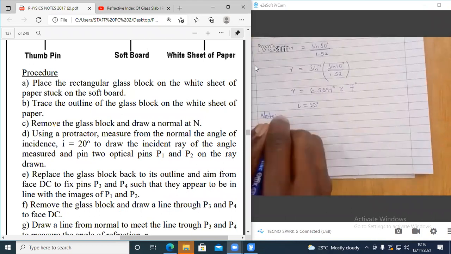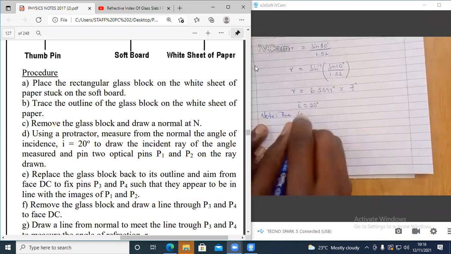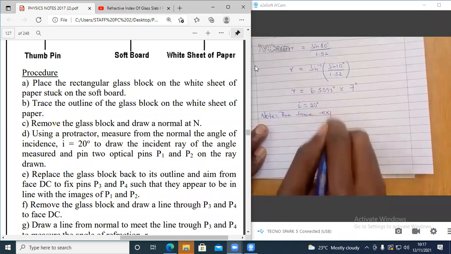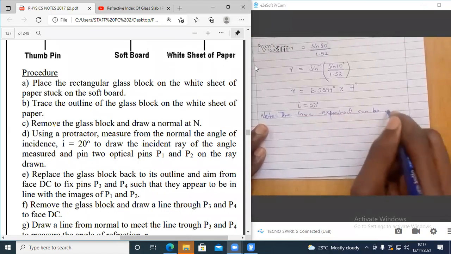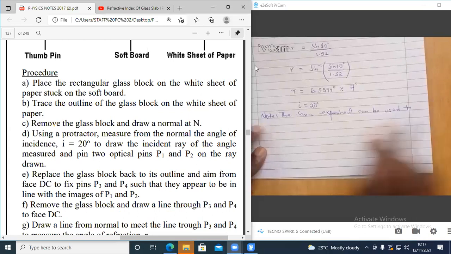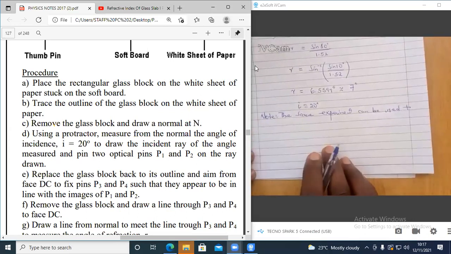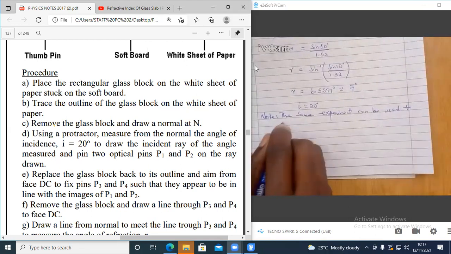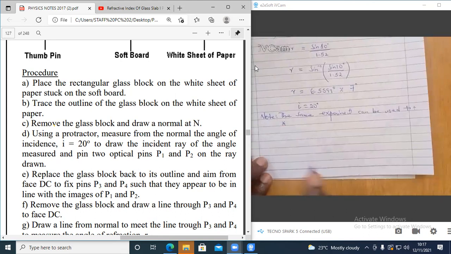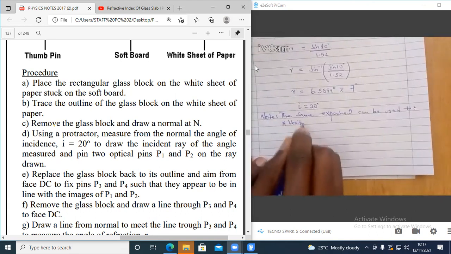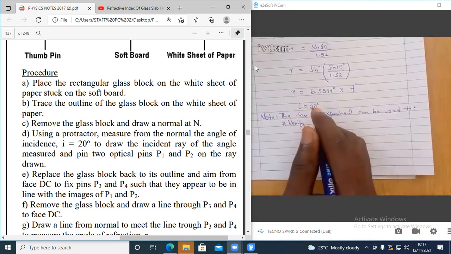The same experiment can be used to verify Snell's law. Tomorrow they may ask you to verify Snell's law.